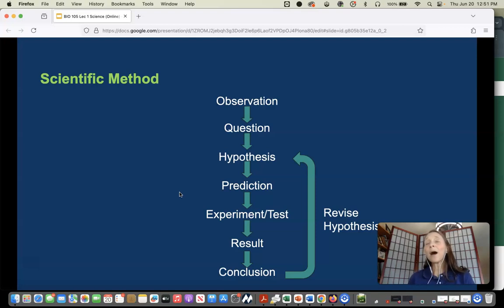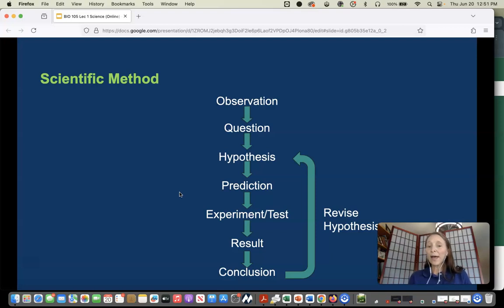And then your hypothesis is going to be a statement that, again, usually is explaining some phenomena about the natural world, or it also may be just answering your question that you originally had. So in this case, we may say the hypothesis is that slow moving water is more polluted than fast moving water.